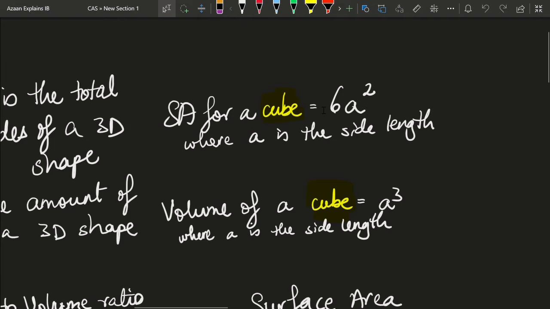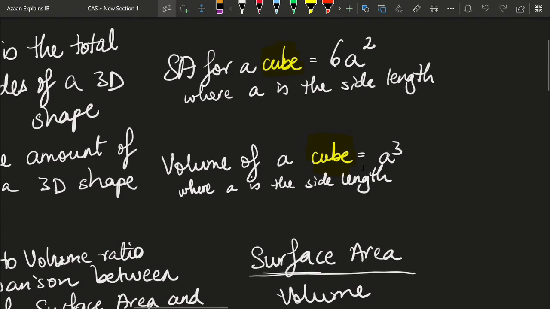This varies. For a cube, the surface area is 6 times the area of a side, so 6a squared. But let's say you have a cuboid. In that case, you'd calculate the length and the width of one side, and then multiply it by the number of identical sides.